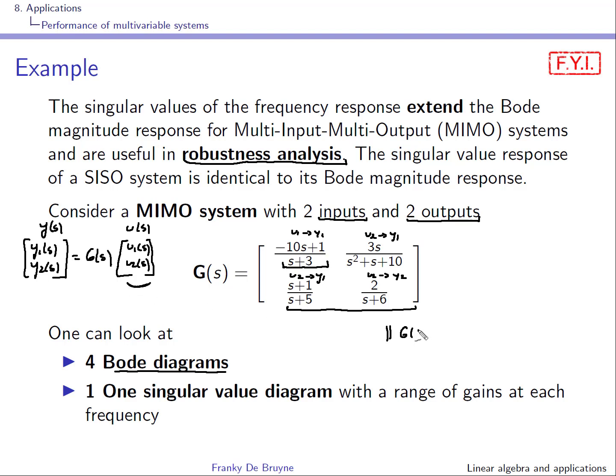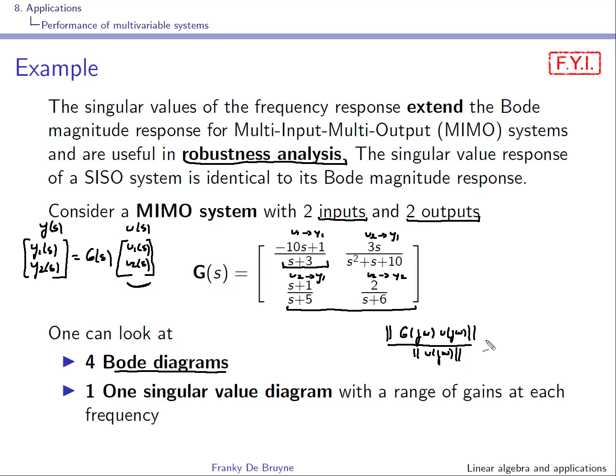So you could look at a given frequency at the gain that you have, and we'll express it like this. So how high can this gain get? It's not unique, it will depend on the type of vector that you have here. How high or how low can this gain get at a given frequency? And again, we'll assume that we are in a steady state.